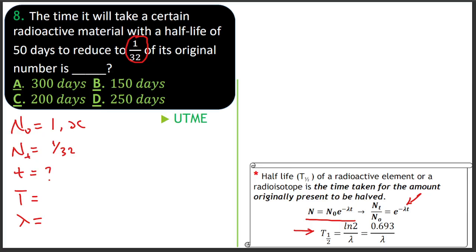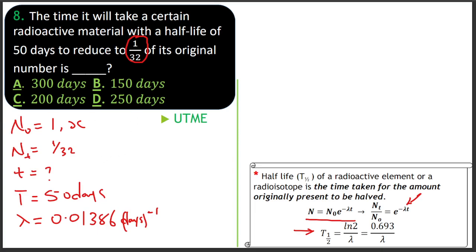The half-life is 50 days, and the decay constant, we got it to be 0.693 over 50, which is 0.01386, and we said the unit is per days.